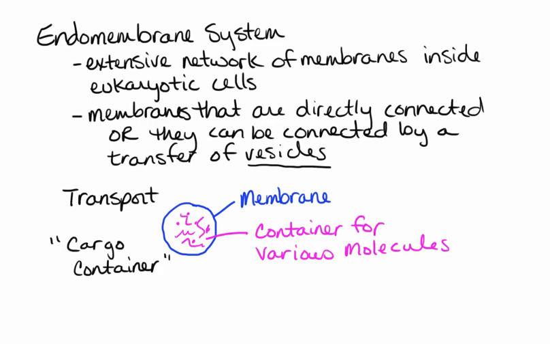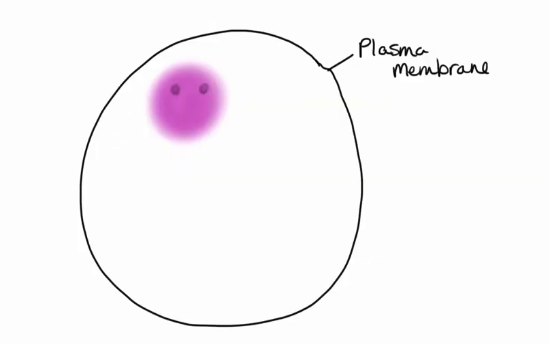So let's take a closer look at the various parts that do make up the endomembrane system. Here we have a look at a eukaryotic cell. I've only put some of the components in here so far, but we have the plasma membrane around the outside, which would be found around all cell types, and then I've drawn in my nucleus right here.